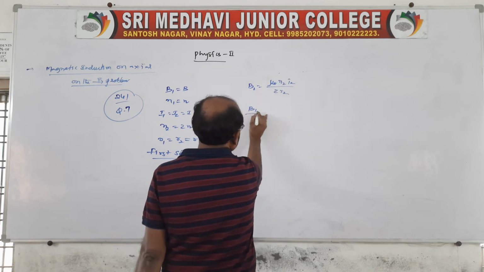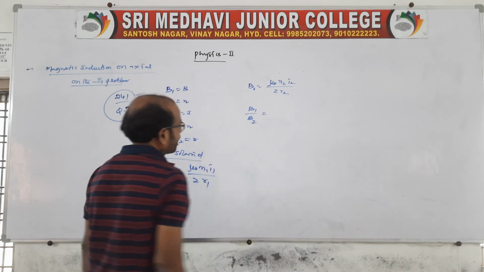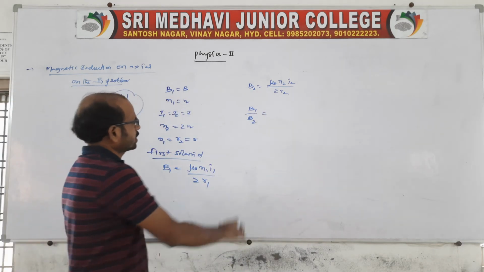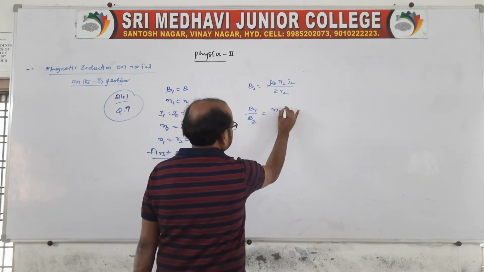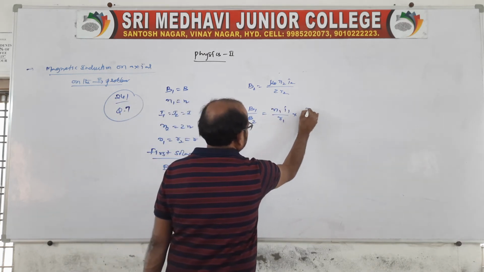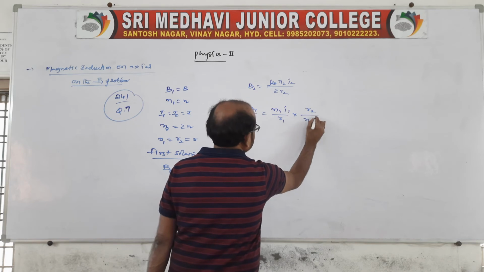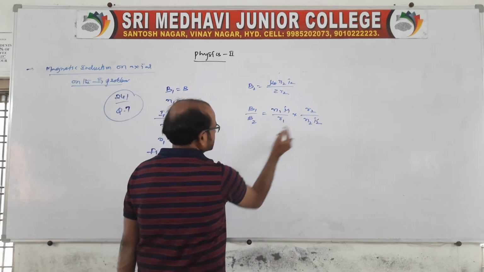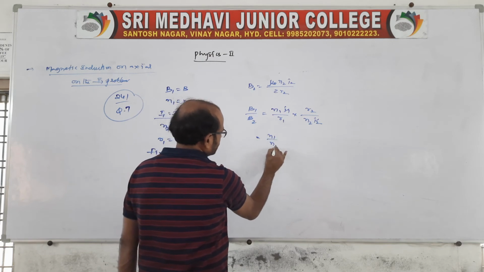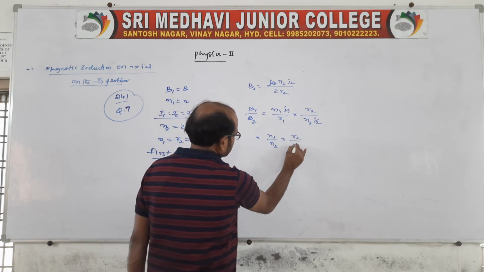Better you take again B1 by B2. So similar terms are cancelled, 2 cancels, mu naught is cancelled. N1 I1 by R1 into R2 by N2 I2. Of course, currents are equal, so you cancel, remaining N1 by N2 into R2 by R1.